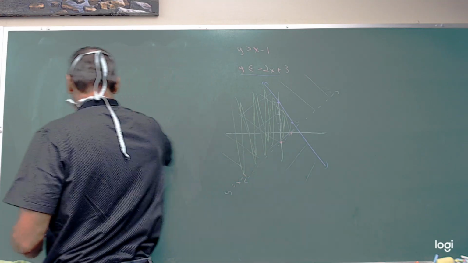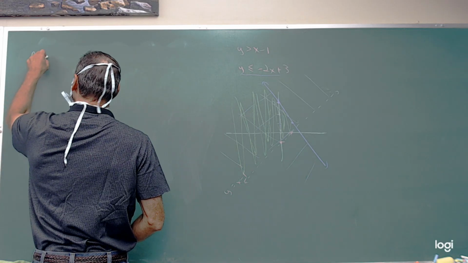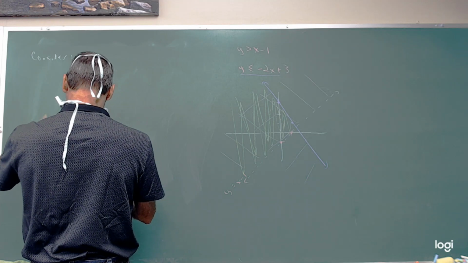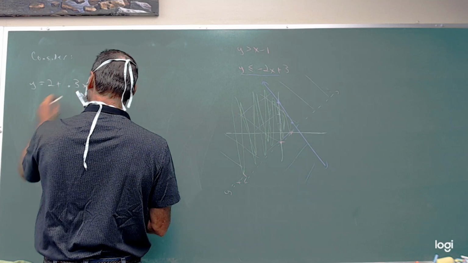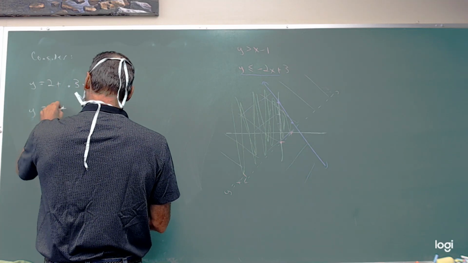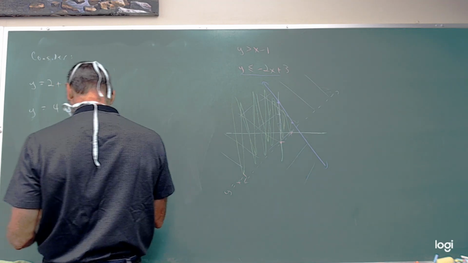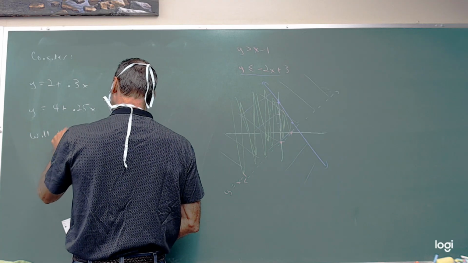Okay, so consider, I'm going to give you a different system of equations here. Consider the system of equations y is equal to 2 plus 0.3x and y is equal to 4 plus 0.25x. And I'm going to ask you the questions again. Will they intersect?